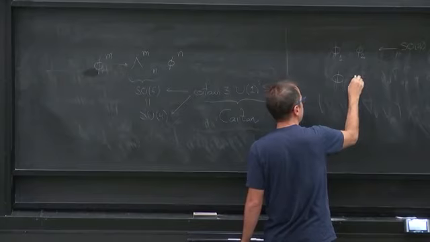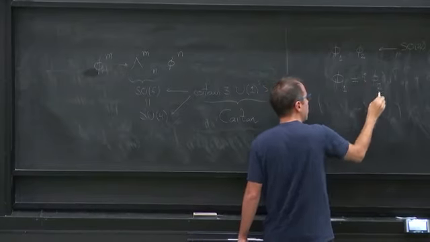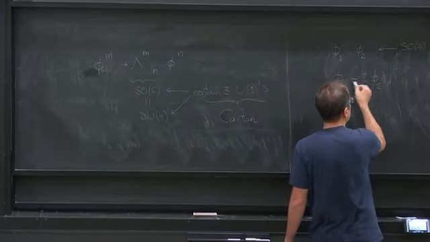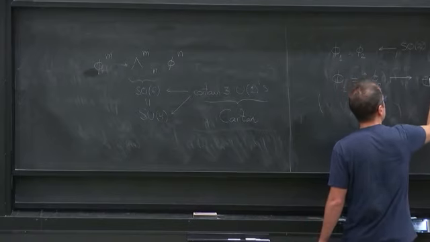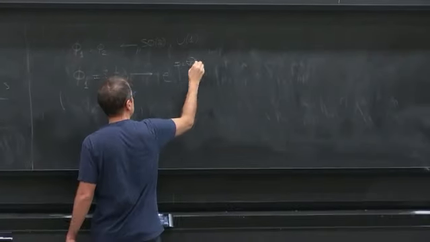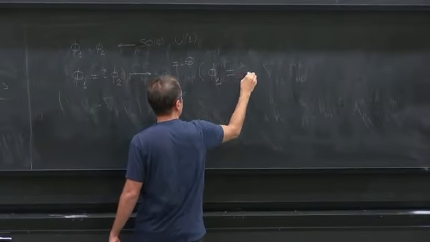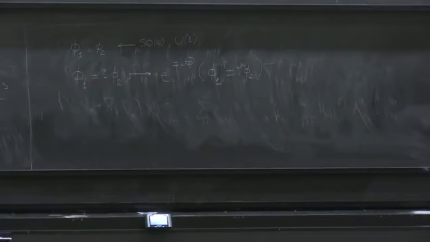If you make the complex combination phi1 plus or minus I phi2, then rotations are just the statement that this quantity transforms as E to the plus or minus I theta times the same quantity. So all the cosines and sines can be encoded in this simple relation.